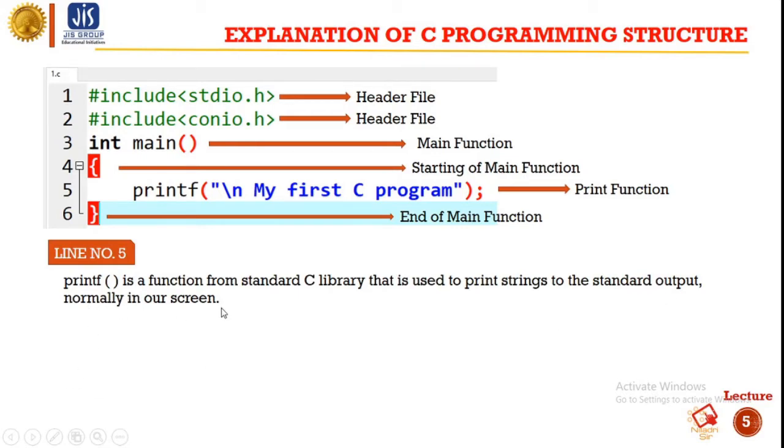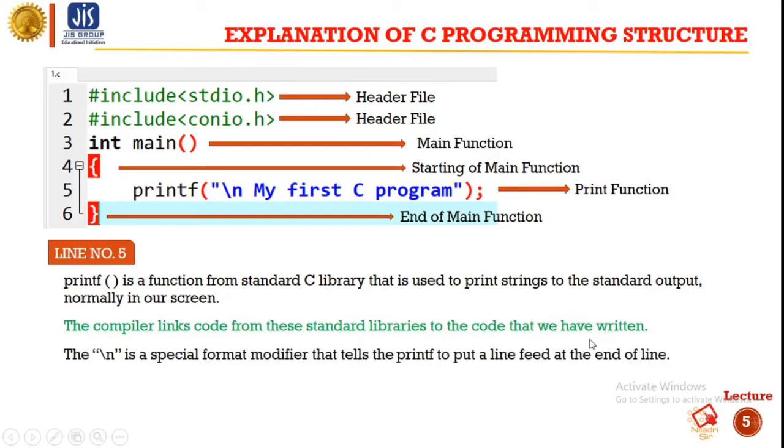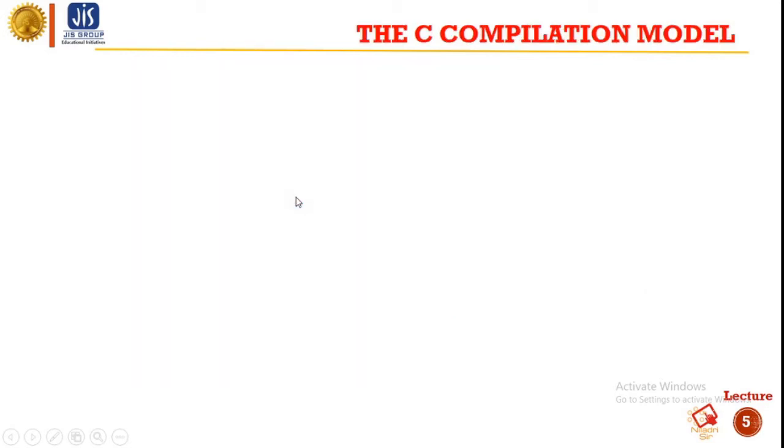The compiler links code from these standard libraries to the code that we have written. The \n is basically the new line character. If we want to print anything on a new line, we will use this \n. The \n is a special format modifier that tells printf to put a line break at the end of the line, or at the starting of the line where we put it.